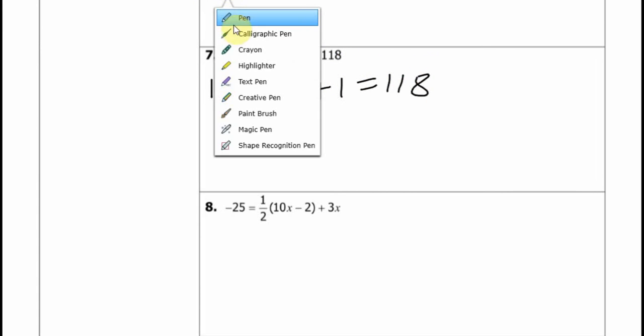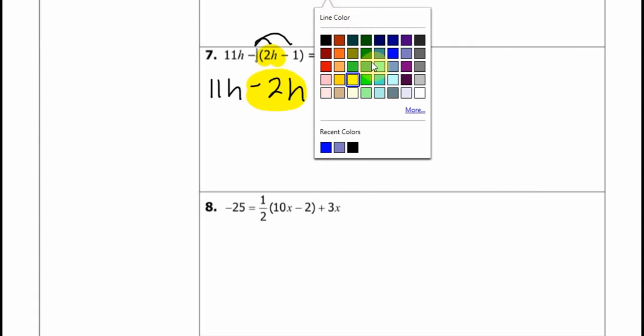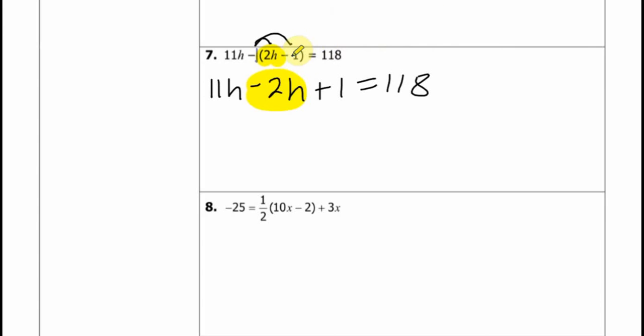And what I want you guys to notice is what happened here is this positive 2h became negative 2h. And this -1 became a +1.